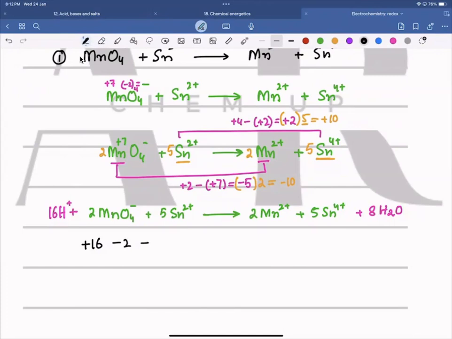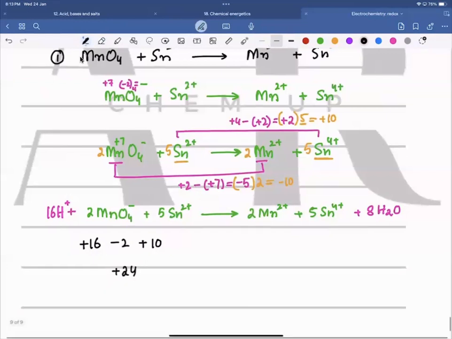So 5 times 2 makes it positive 10. So if you add all of them, you are going to get a charge of positive 24, right? Yes, sir.